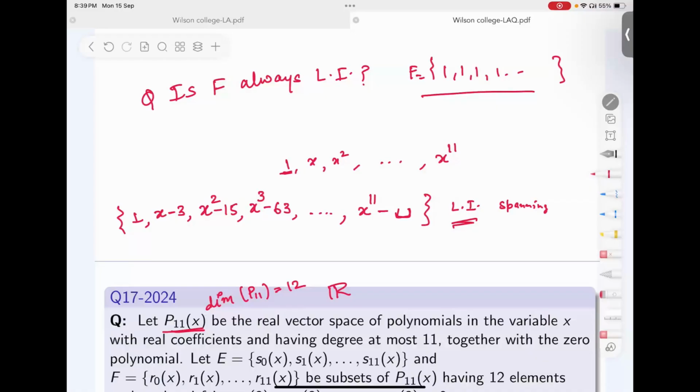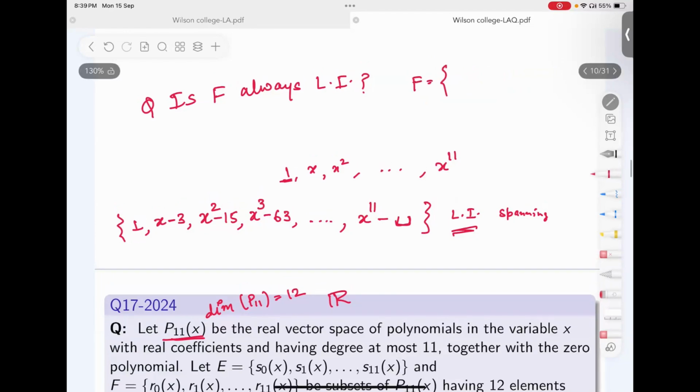Or if you don't want to repeat the members, you can take 1, x minus 3, and then x minus 3 again, so 2x minus 6, like this.